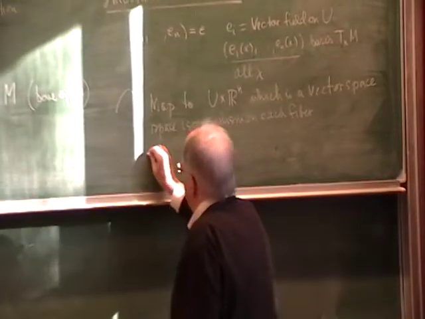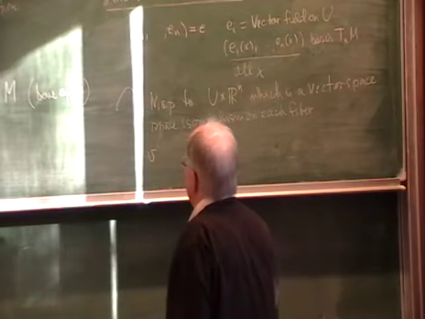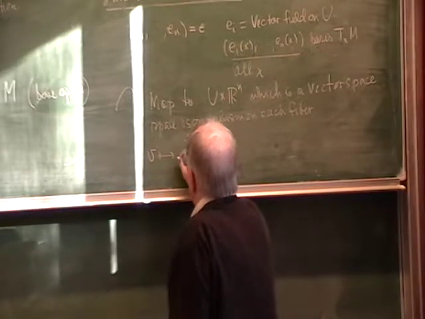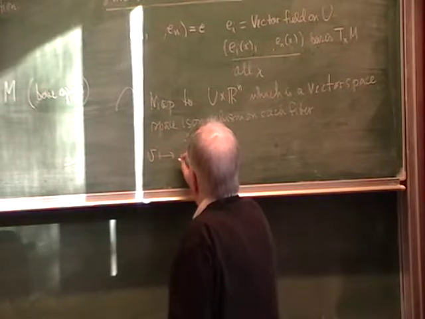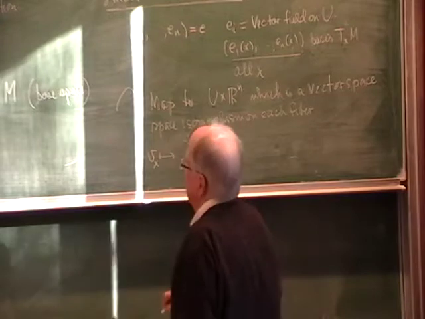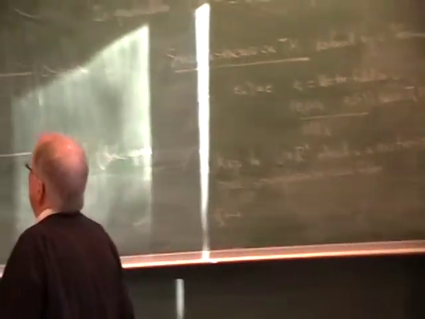Namely, V goes to, let me say, I said U cross, so V at X, so I think it's very convenient.